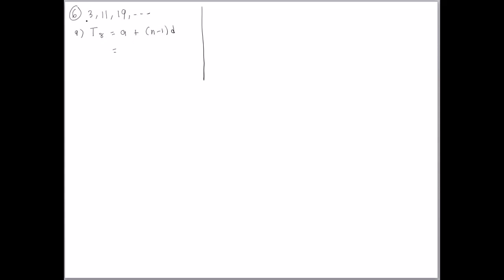A is the first term, which is 3, and n is 8, because we want to find the 8th term. Now we want to find D. To find D, T2 minus T1. T2 is 11. 11 minus 3 equals 8.